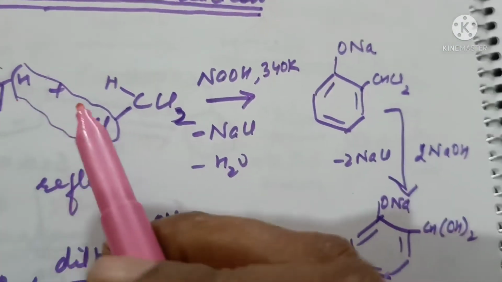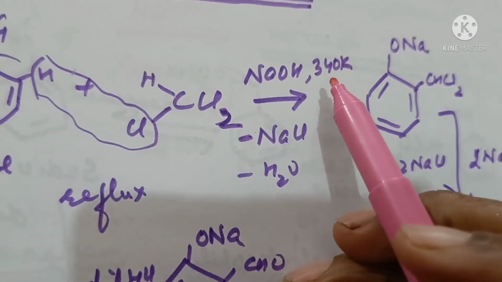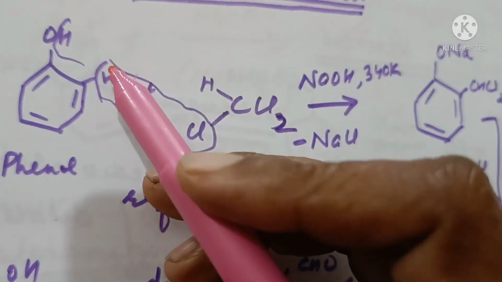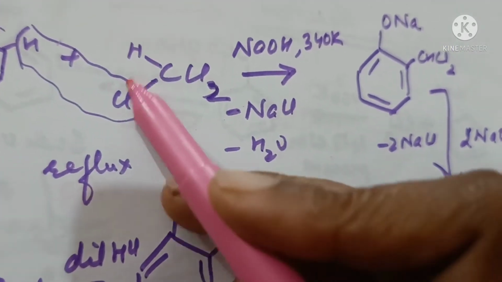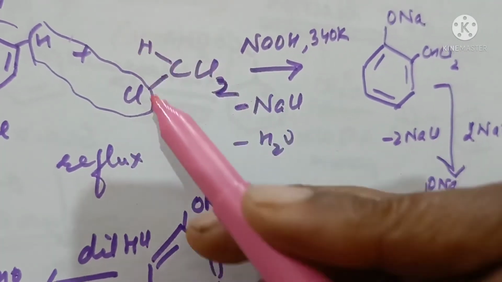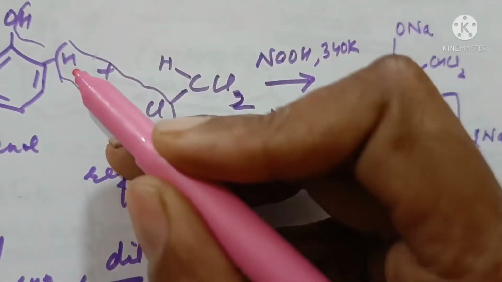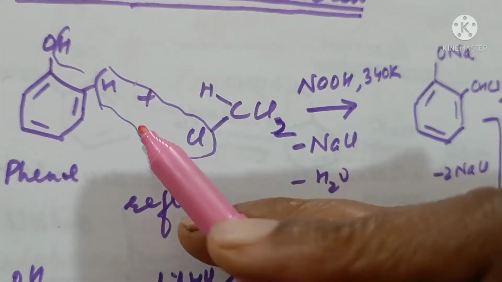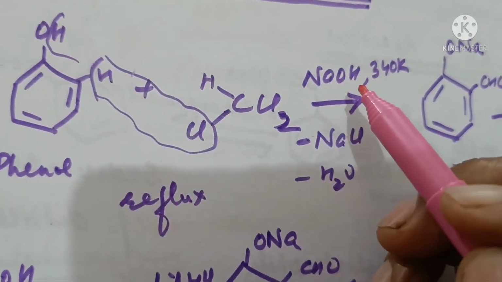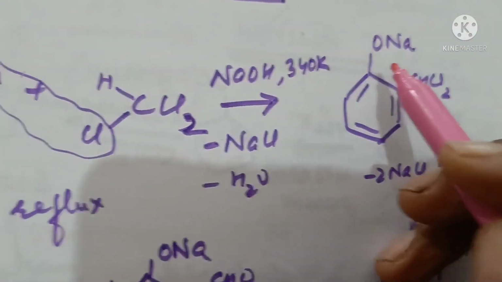So when phenol is made to react with chloroform in presence of NaOH at 340 Kelvin, the H of the ortho position reacts with Cl of chloroform to form HCl, which is removed. This HCl will react with NaOH to form NaCl. Because this reaction is being carried out in presence of NaOH, simultaneously the OH part gets converted to ONa part.